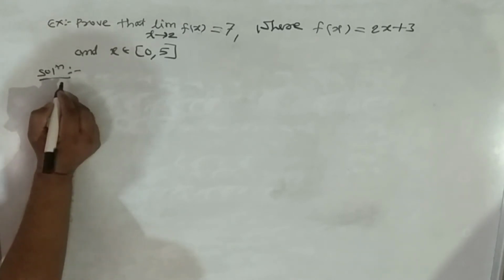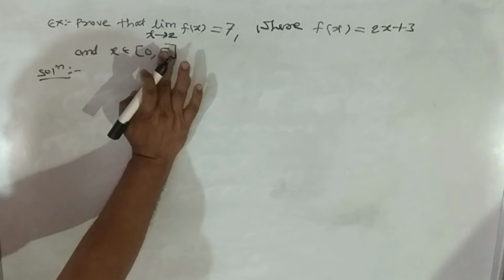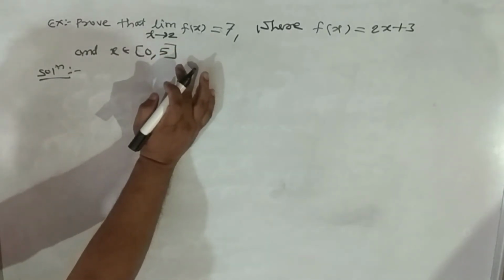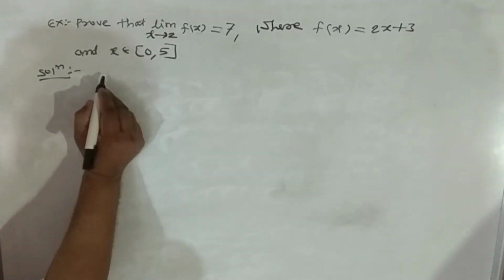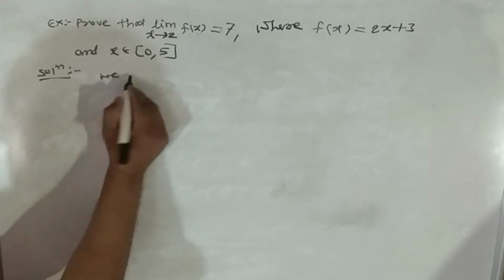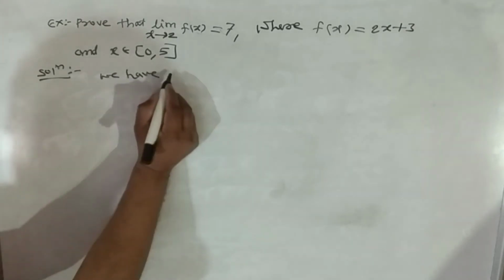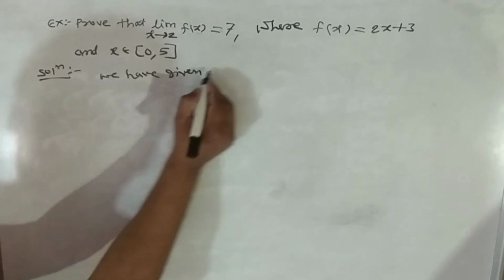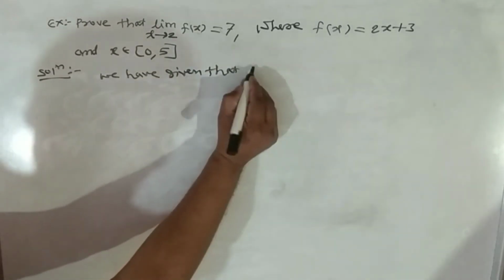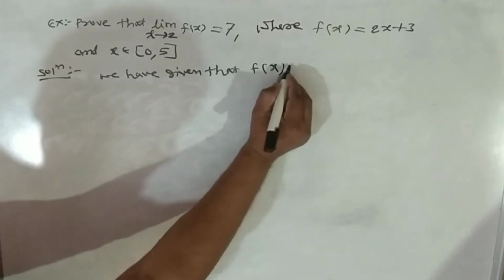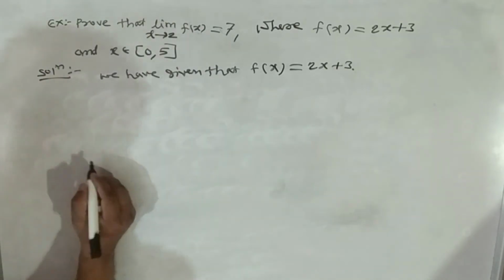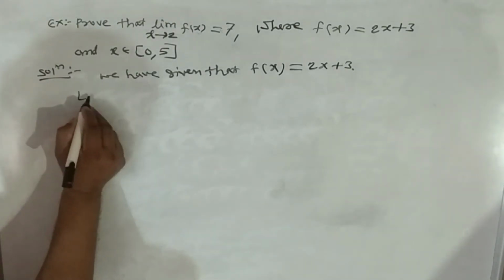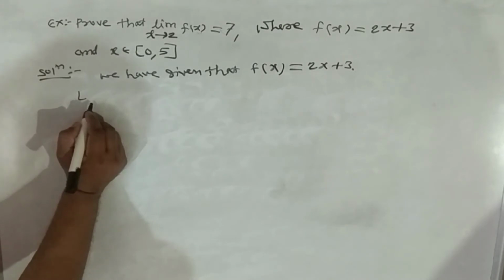We will prove that the limit of f of x as x tends to 2 is equal to 7. Given that f of x is equal to 2x plus 3, we want to prove the limit of f of x as x tends to 2 is equal to 7.